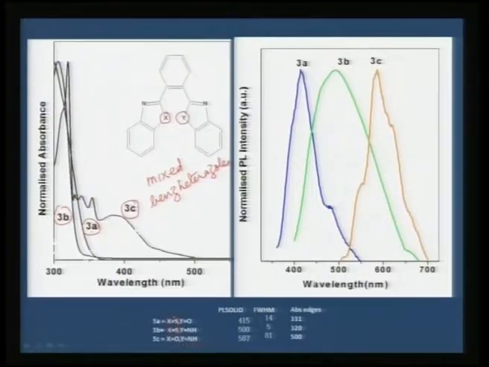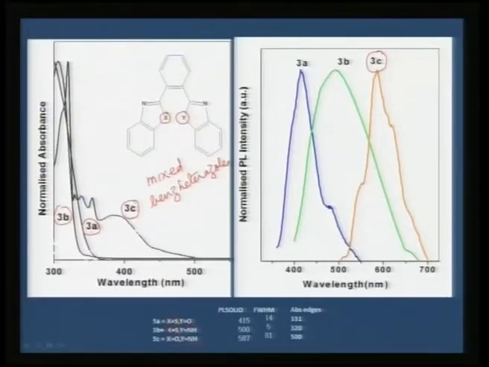Now if you look at the 3C molecule, again wherever oxazole is involved, you see these are red shifted, therefore it is showing an orange color, whereas if you have the 3B molecule which involves imidazole, again you see a green emission, and in the case of the sulfur and oxygen combination, oxazole and thiazole, you see near UV emission coming somewhere around 410 nanometers or so.